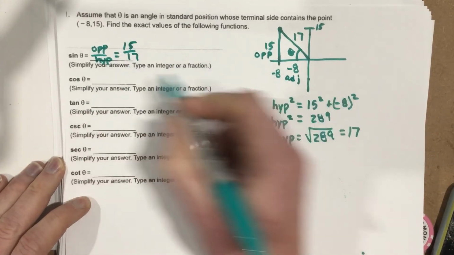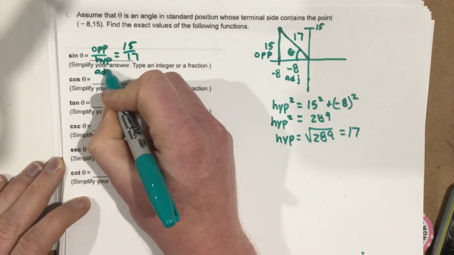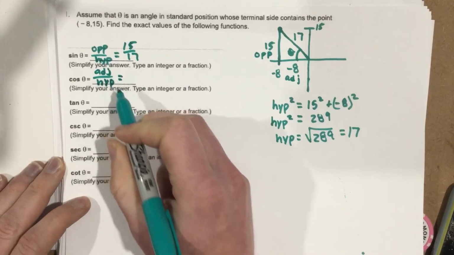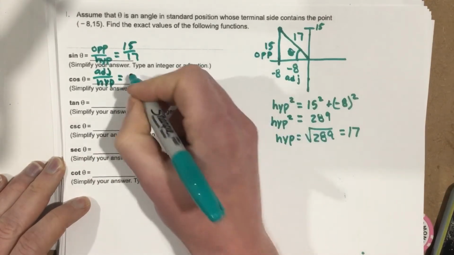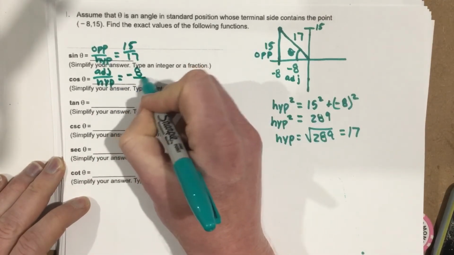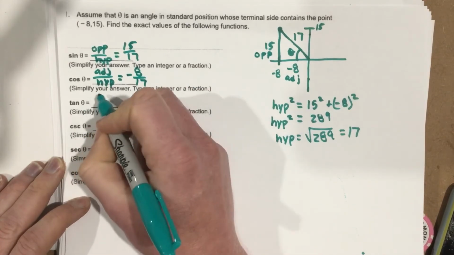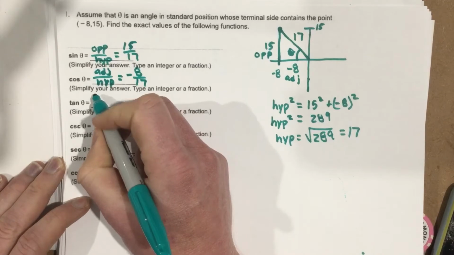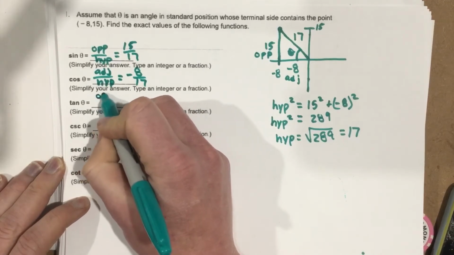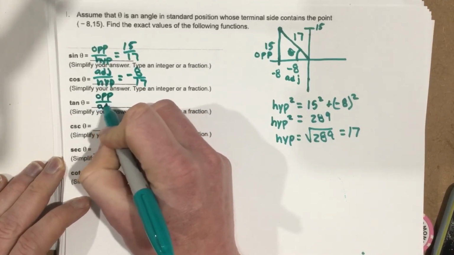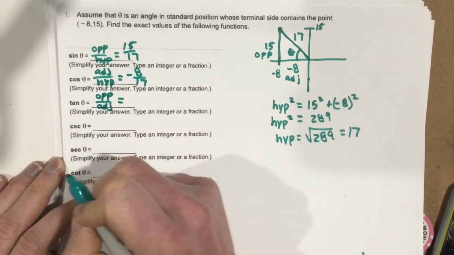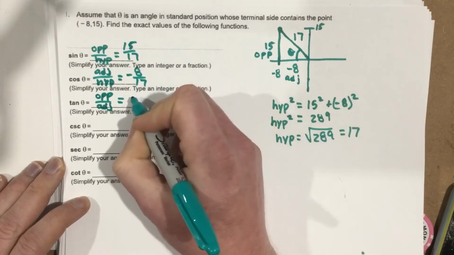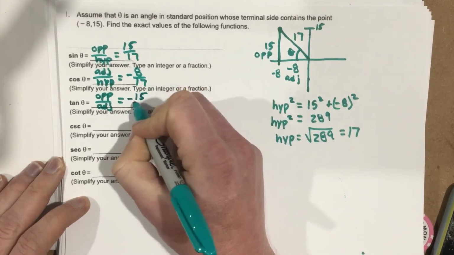Cosine is the adjacent over the hypotenuse. So cosine is -8 over 17. And tangent would be the opposite over the adjacent. And that's going to be, in our case, 15 over -8. So -15 over 8.